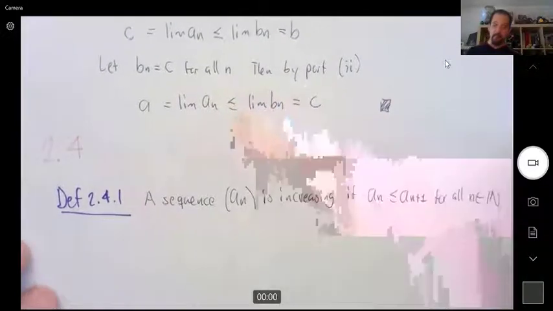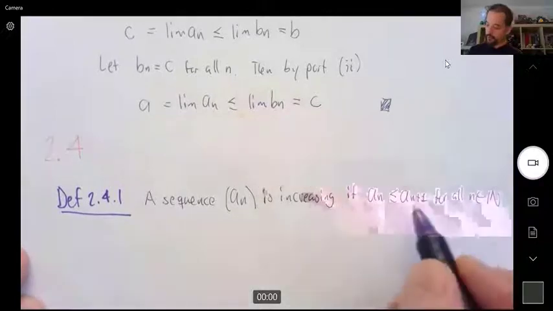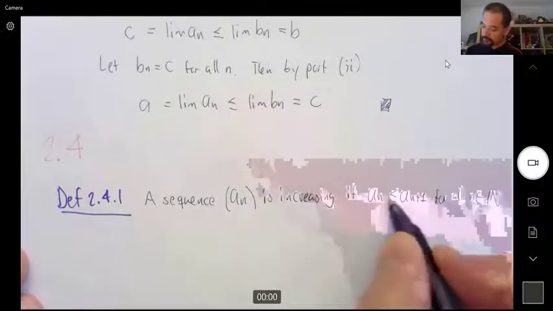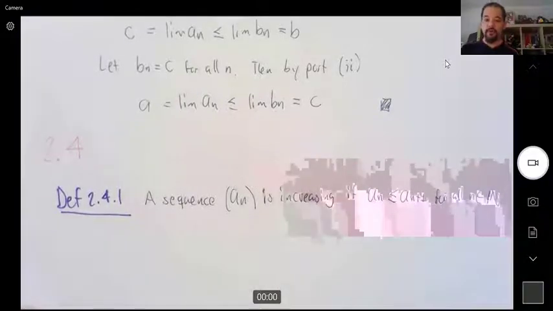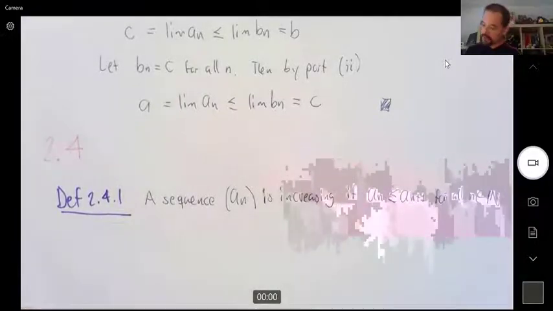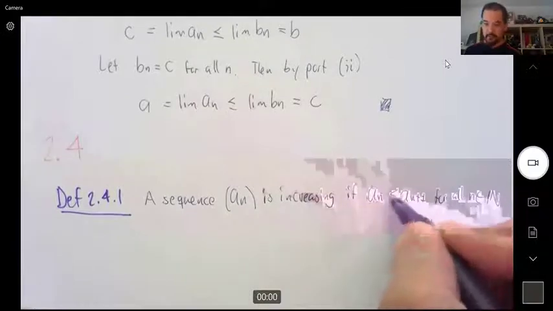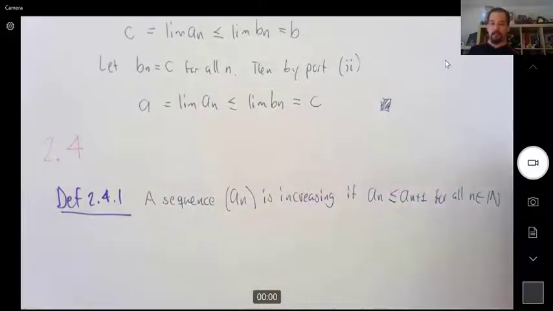Now, I purposely said in our book because you'll notice that it allows the possibility of equality, right? In other books, when they say increasing, they want strict. In our book, we don't want strict, and mathematicians haven't agreed upon that word.